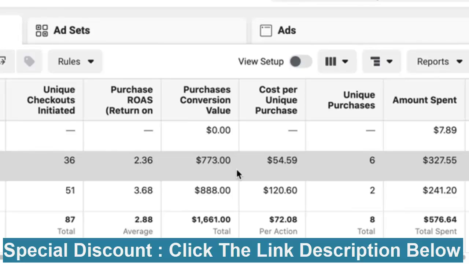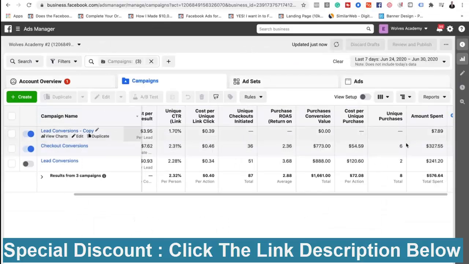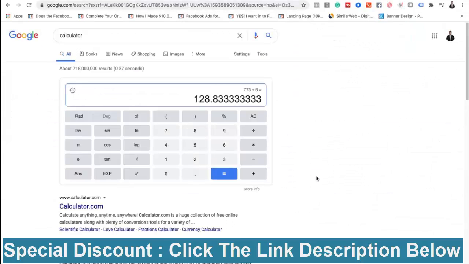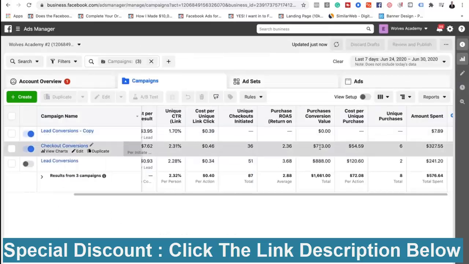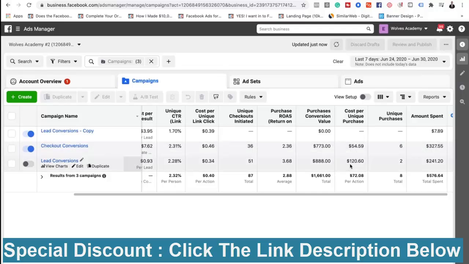I know my numbers down to a T. If you look here, 773 divided by 6, $128 per purchase is how much I'm making with this campaign. So everything's right on metrics. It's under $60 and my earnings per customer is about $120. Now, let's actually look at this. The reason why I'd be willing to cut this campaign back on is for 2 reasons.